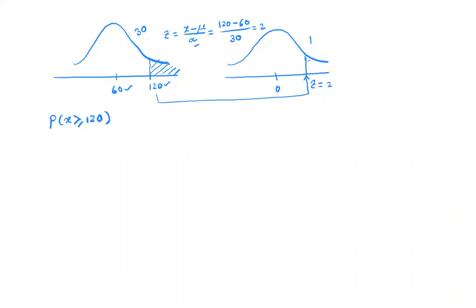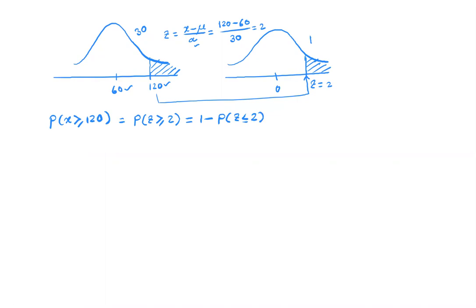So we are looking for this area. The probability of x greater than or equal to 120 is the same as the probability of z greater than or equal to 2. However, you know that the standard normal distribution table does not give you the area to the right, it gives you the area to the left. So to find that, we just take the complement of it: 1 minus the probability of z less than or equal to 2.